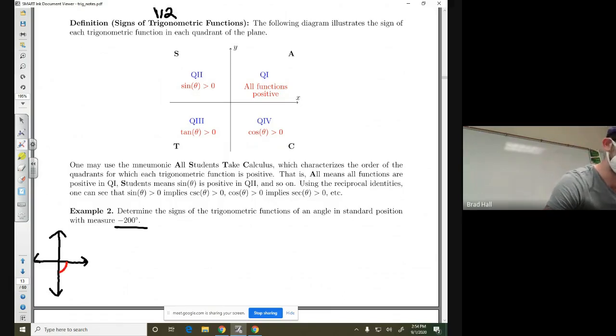So this would be negative 90, which isn't large enough. This would be negative 180, still not large enough. So how many degrees do we have to go? We already went negative 180. We got to get to negative 200. So we got negative 20 degrees left. So that would be about right here.